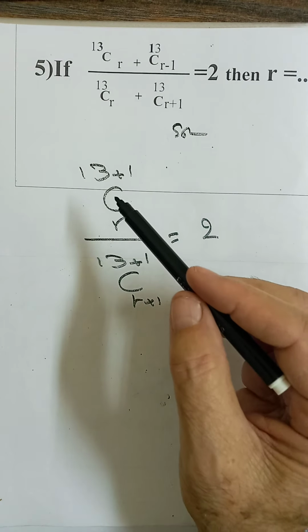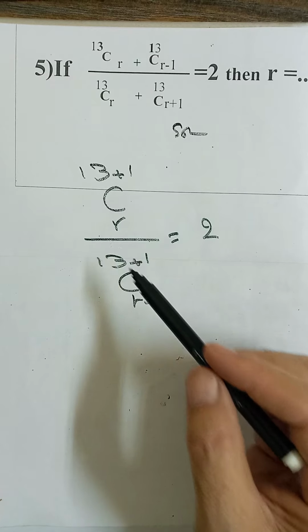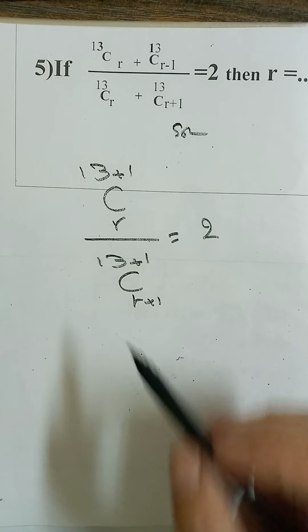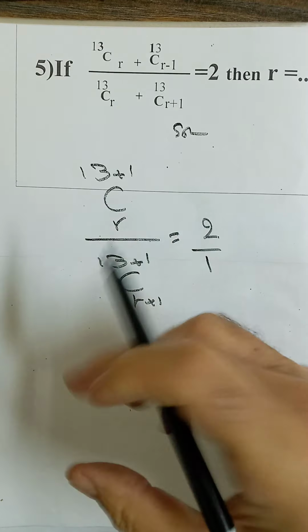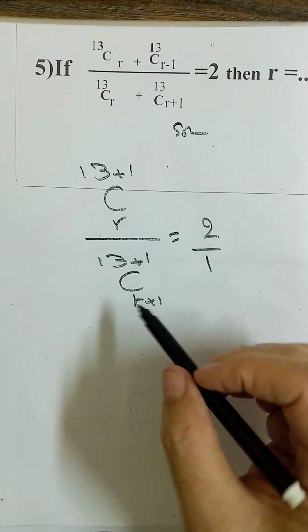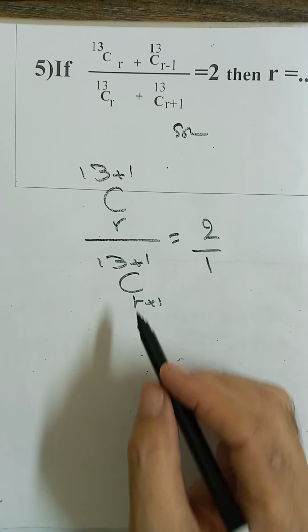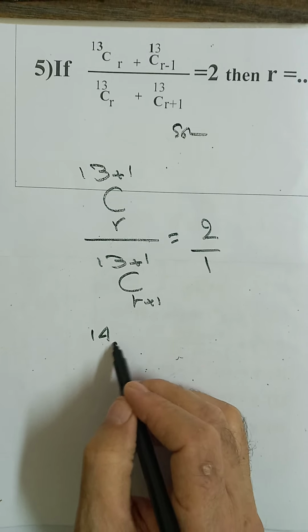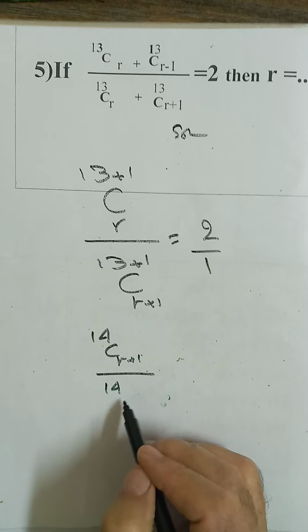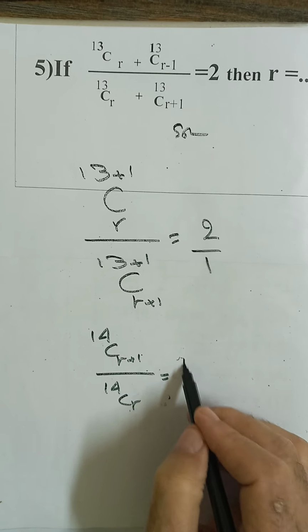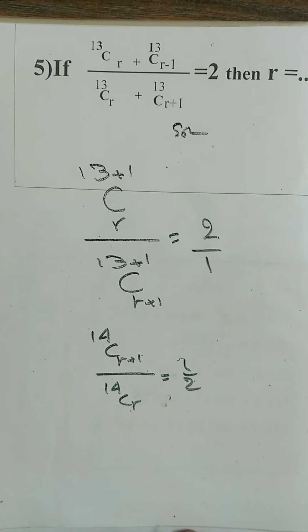You can write 14CR over 14CR plus 1, the ratio. You can reciprocal this ratio: 14CR plus 1 over 14CR equals half.